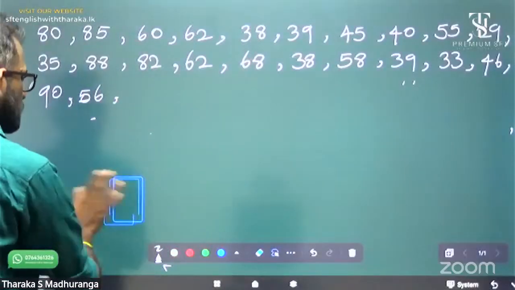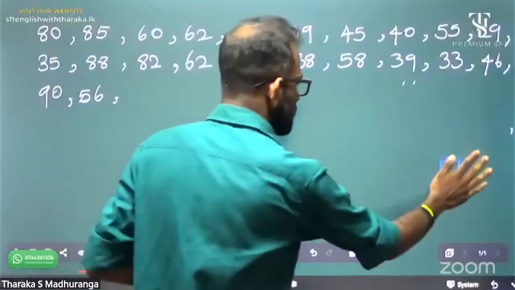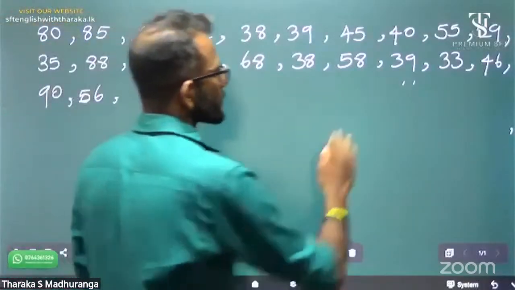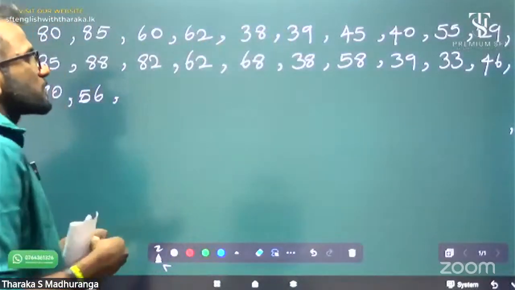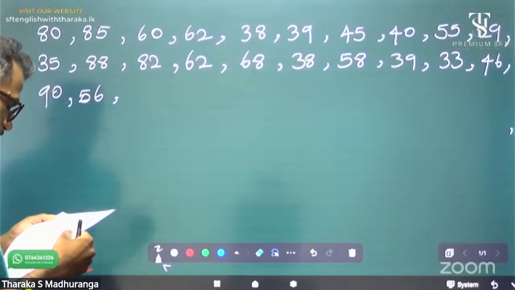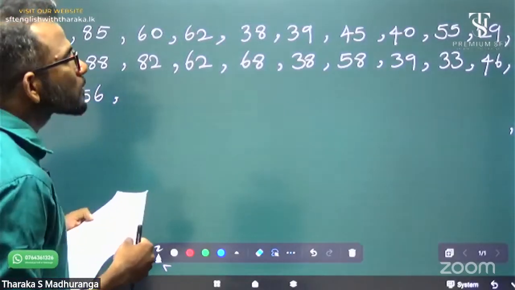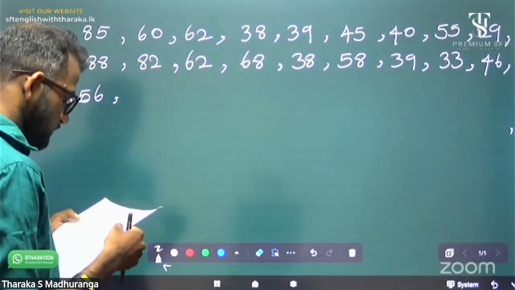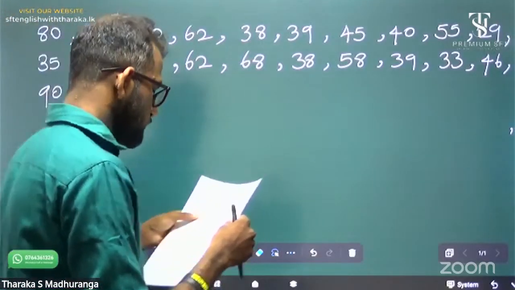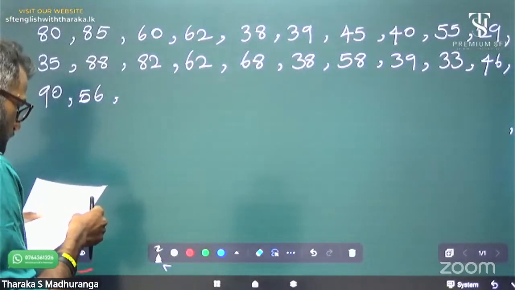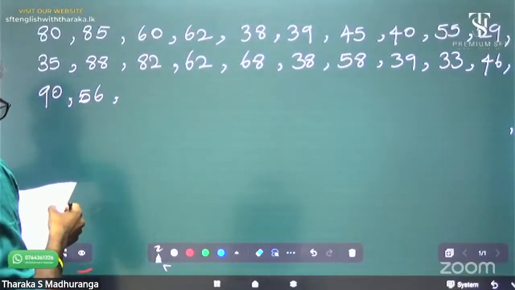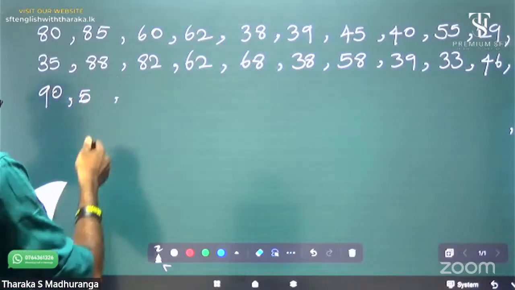With this type of data set, if we have any mistake, it is difficult to find. In the exam, you have to be more careful. 39, 33, 46, 90, 56. After 90, it is not 59. That's my mistake.